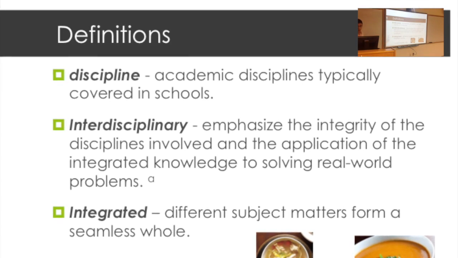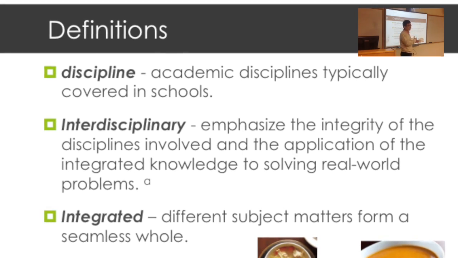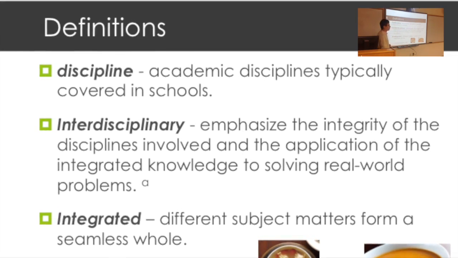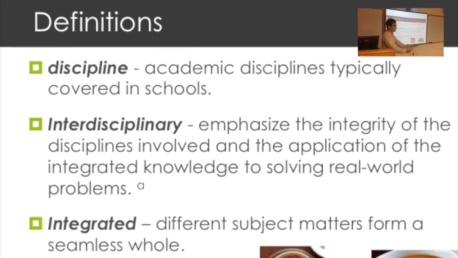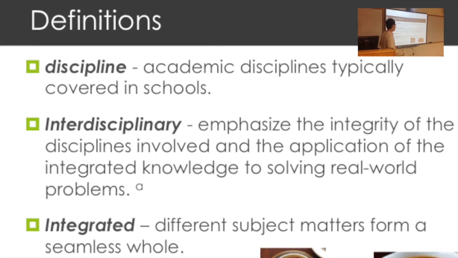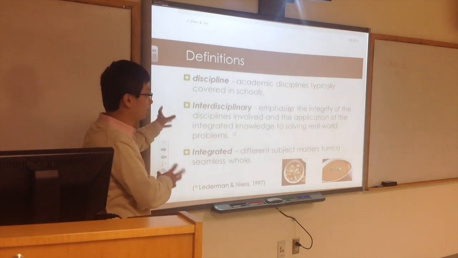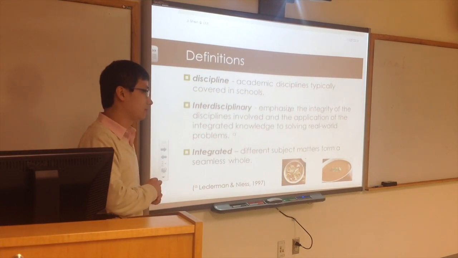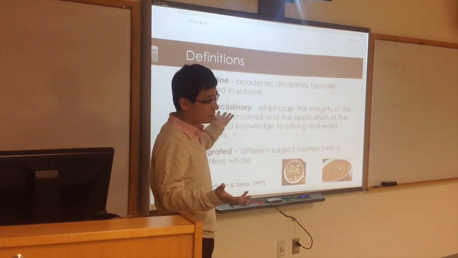Okay. But before we move on to what we need to do in classrooms, I would like to present some definitions. Although we sort of agree when we hear the words interdisciplinary or integrated, I just want to make some nuanced distinction. So here, discipline is very simple.